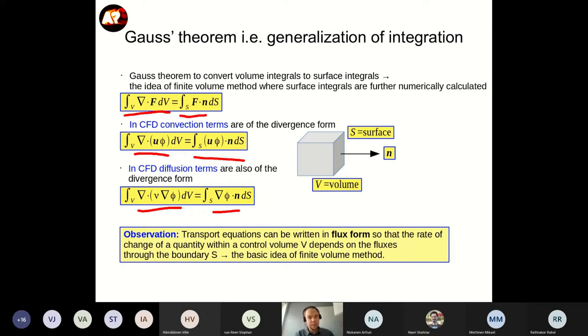This is a flux form because we have the normal vector of the surface. So this is an important quantity, the normal vector, and then the face area is dS. So dS is essentially the differential area of the cell face.